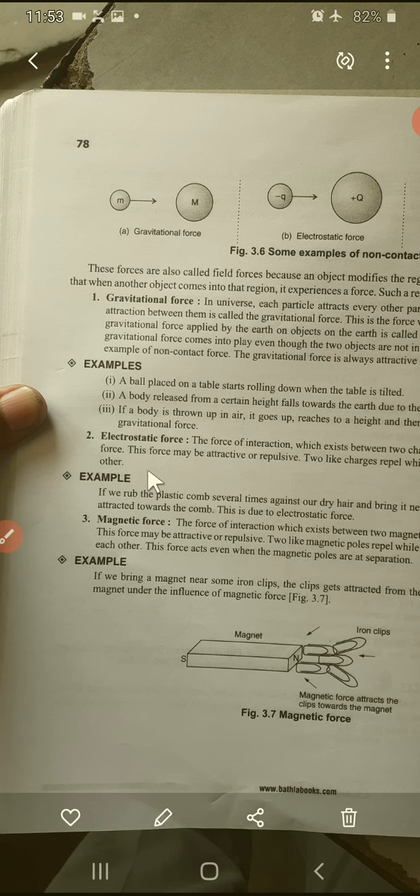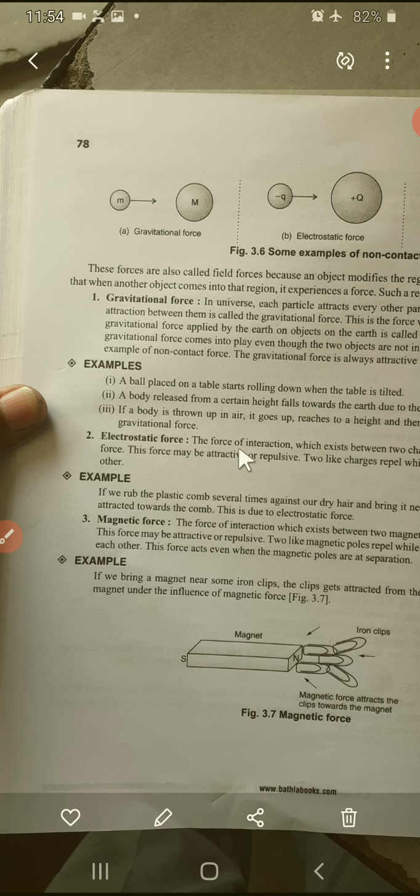Next example, electrostatic force. Electrostatic force is also a non-contact force because in electrostatic force two charges are kept at a distance but they attract each other. Why? Because there is a force. It may be repulsion or attraction according to their charges and intensity.